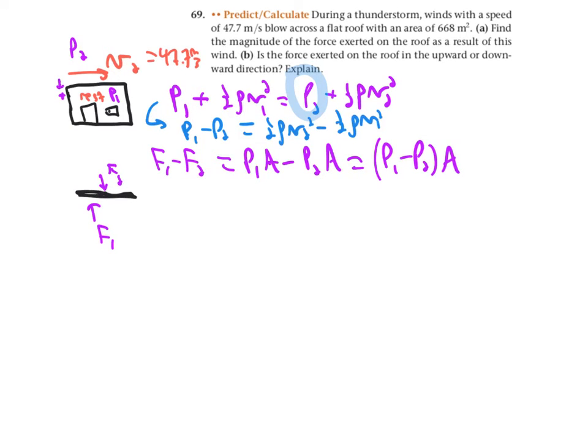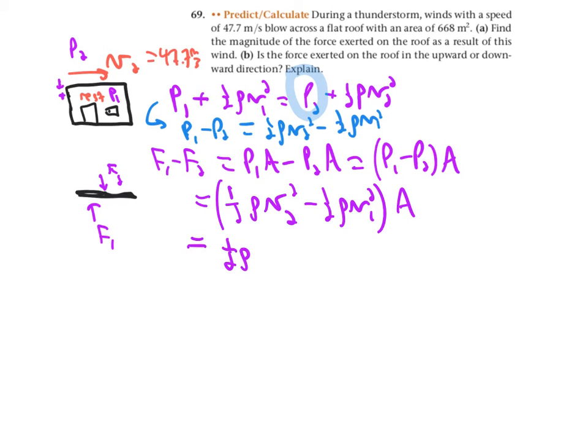So the difference in forces ends up being 1/2 rho V2 squared minus 1/2 rho V1 squared, all times the area. I'm going to clean this up a little bit by factoring out the common factor: 1/2 rho A, and then we have V2 squared minus V1 squared.